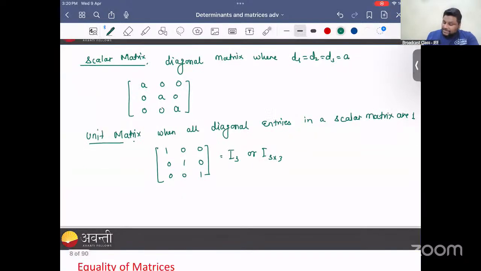All right. Then finally, one last matrix there comes, null matrix. What is it? Null matrix.